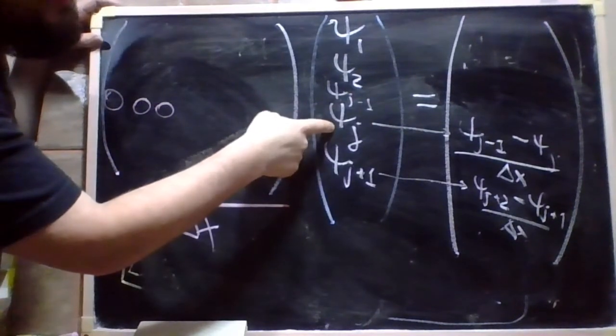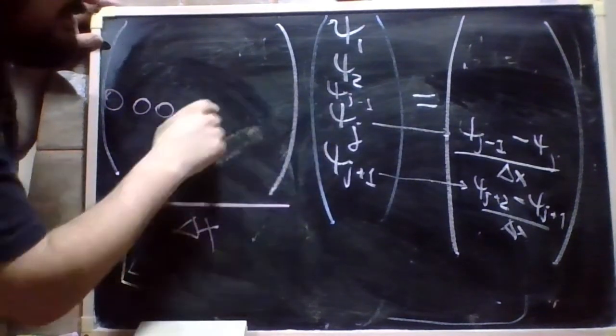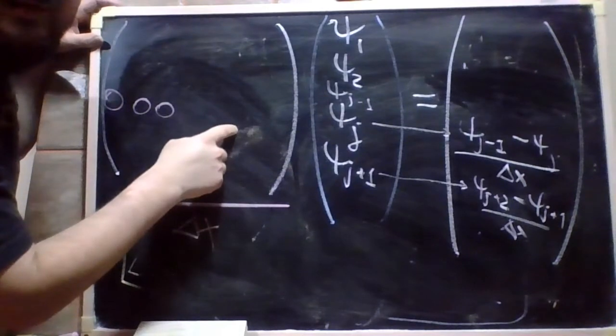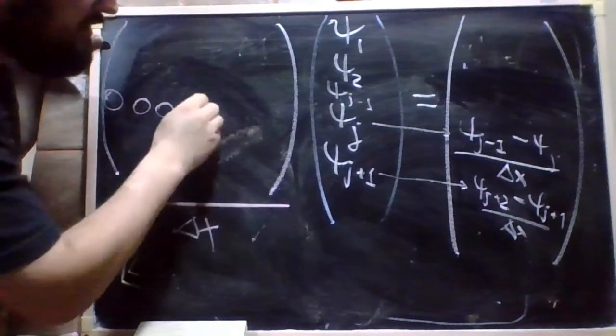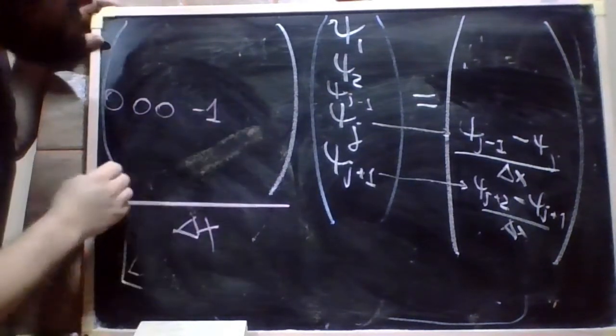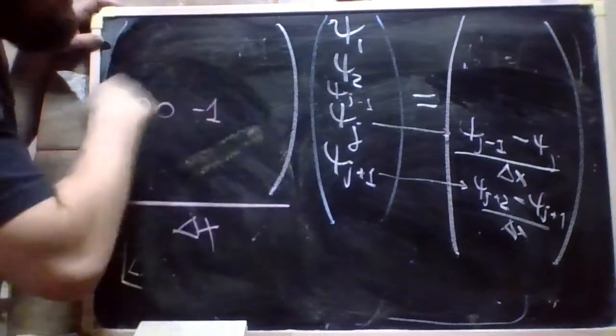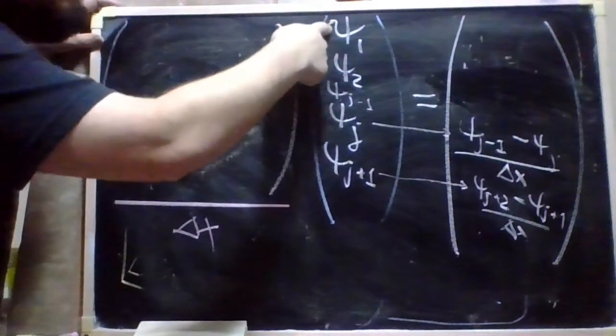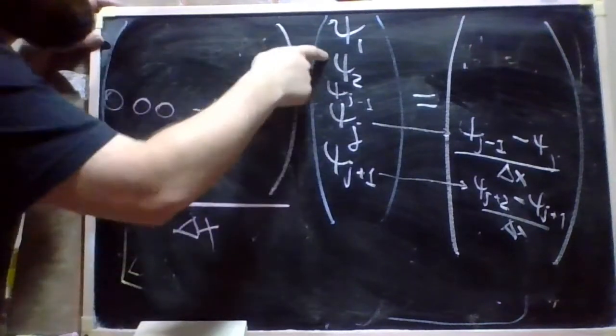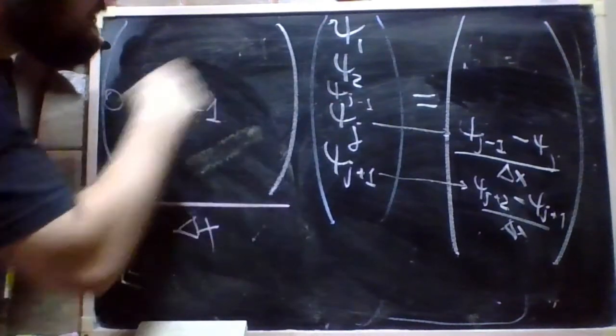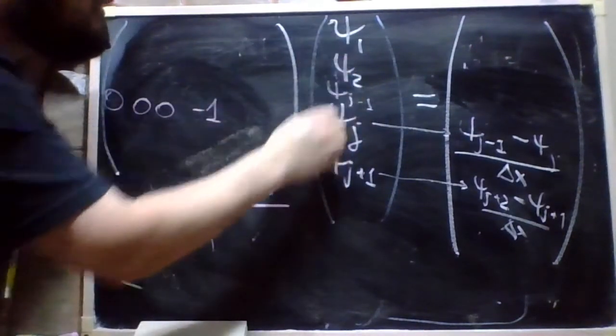At the position of j. So in the diagonal of the matrix, the jj component will be a -1. Why is -1? Because -1 zeros 0 times psi1 plus 0 times psi2 plus 0 times psi3 and all that.